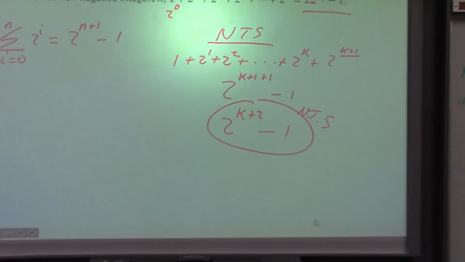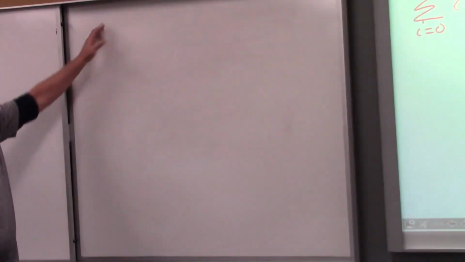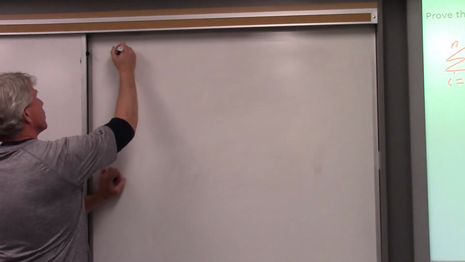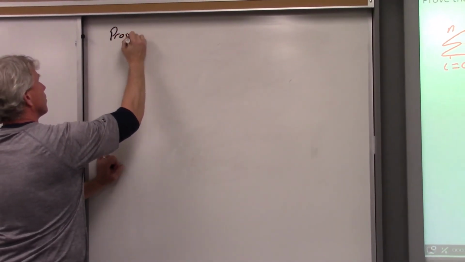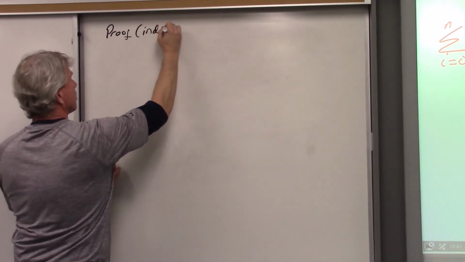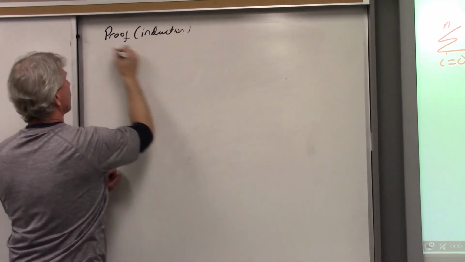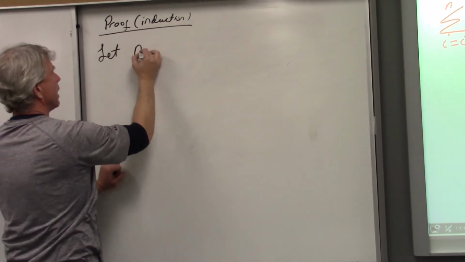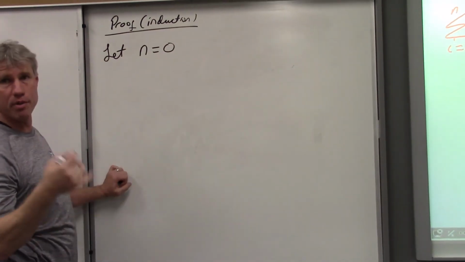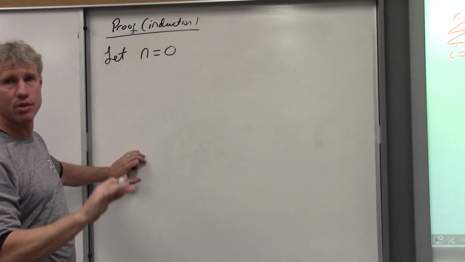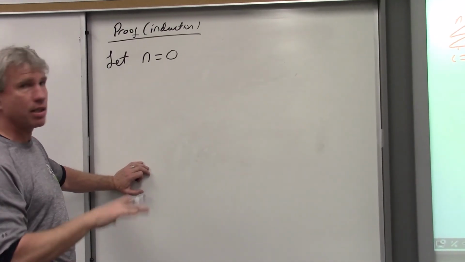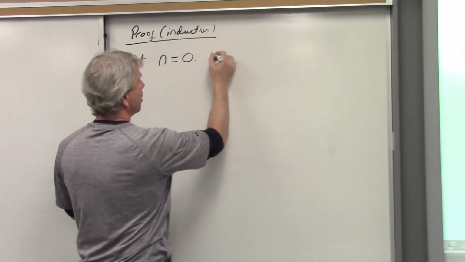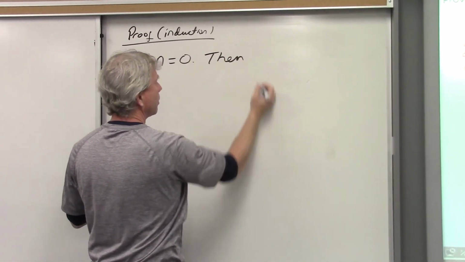So we'll step over, start our proof here. So our proof will be by induction. So we're going to let n equal 0 this time. The base case, the smallest n can be, is 0, not 1 this time. Let n equal 0. Then, what do we get?